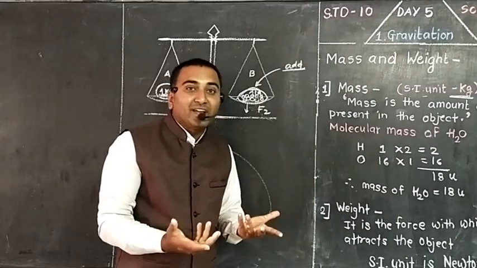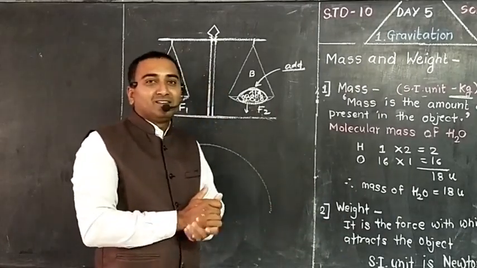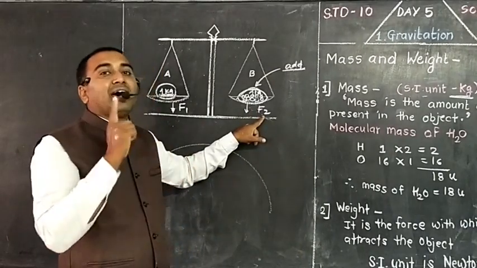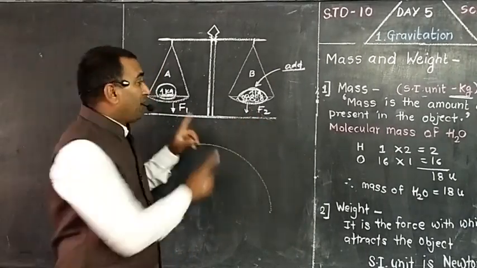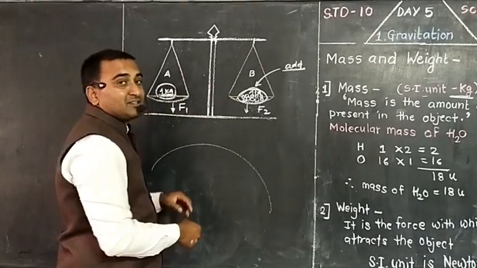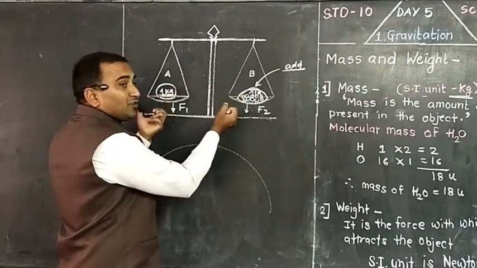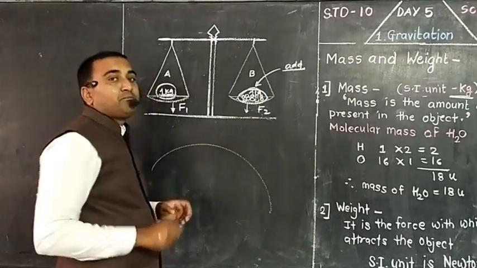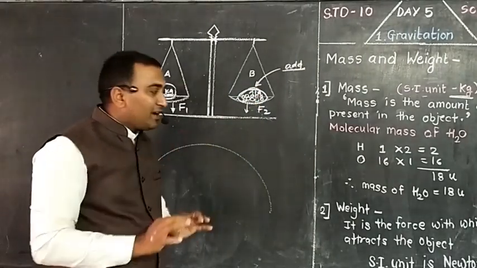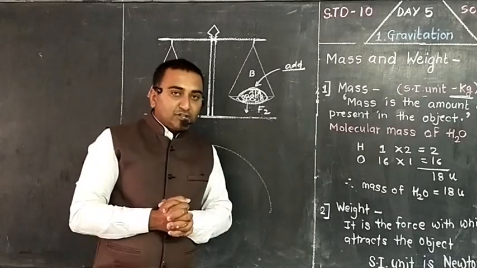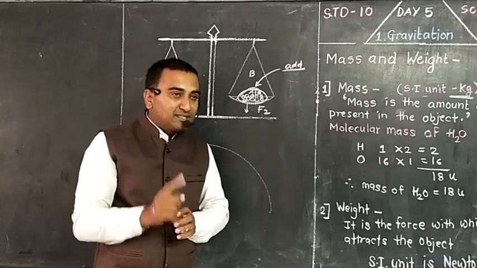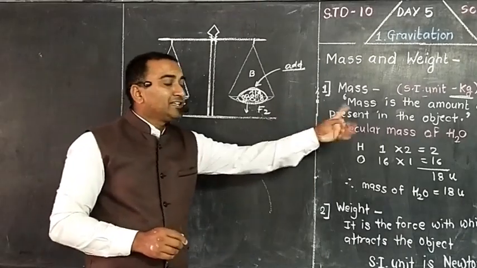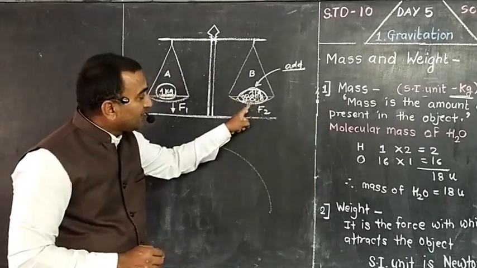We have weighed. We are weighing the mass. But what is weight? Weight is not mass. Weight is the force with which Earth attracts the object. By using equal mass, we have managed to weigh the object. Actually, we are taking mass by weighing. So weight is the force with which Earth attracts the object, and mass is the amount of matter present in the object, the number of particles.